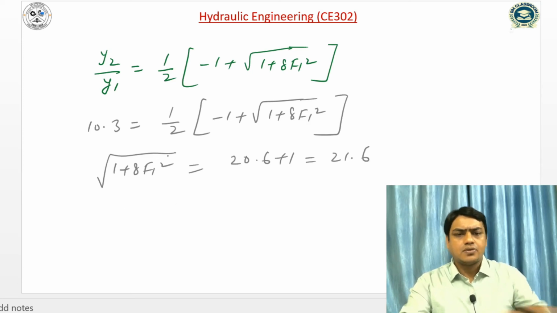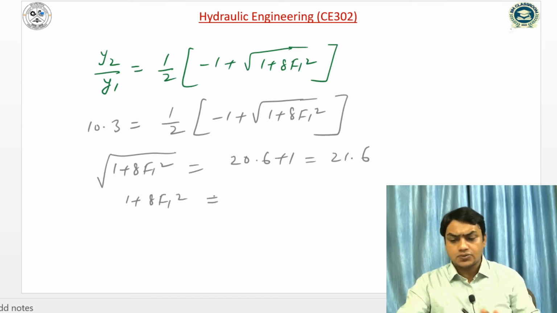Squaring on both sides, 1 plus 8 F1 square is equal to 21.6 whole square, so it will be 466.56.